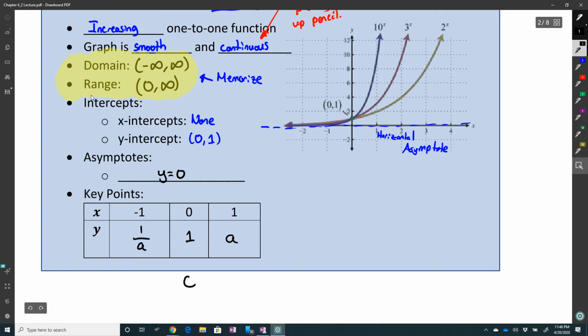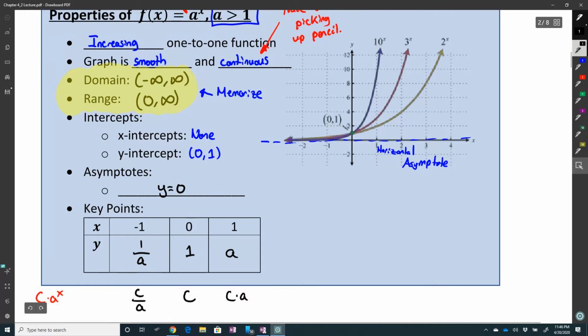If you were looking at c times a to the x, then this would be c times a, and this would be c over a. Anyway, I don't care too much about this, but that table is just some key points. If you really want to graph it, you can always graph the y-intercept, pick a point to the right, pick a point to the left, and then create your sketch.